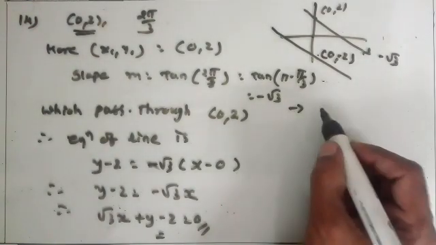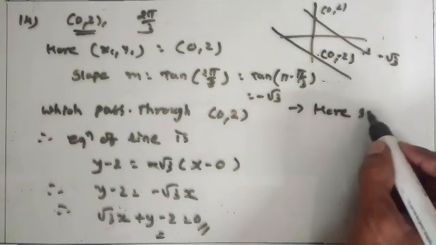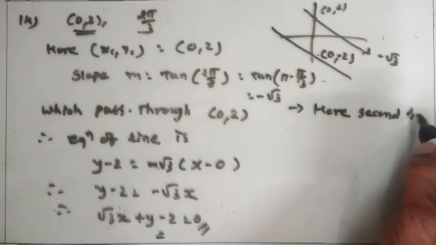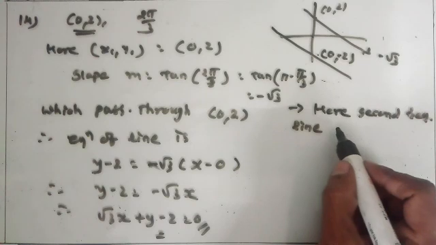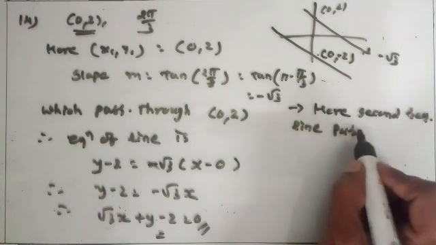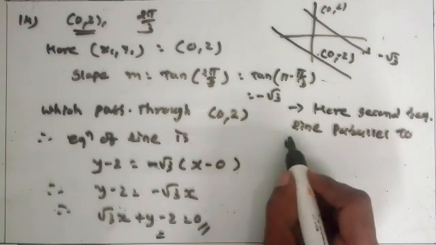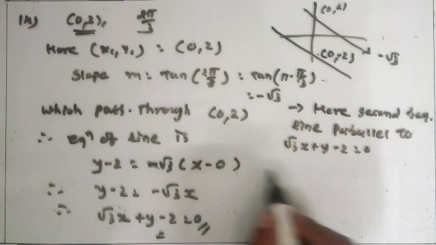Now next, here the second required line is parallel to root 3x plus y minus 2 equal to 0.